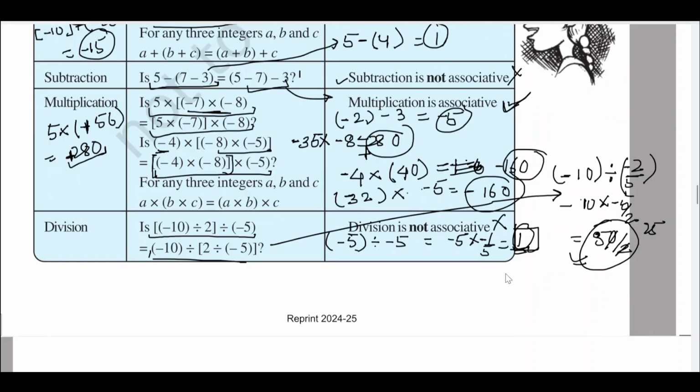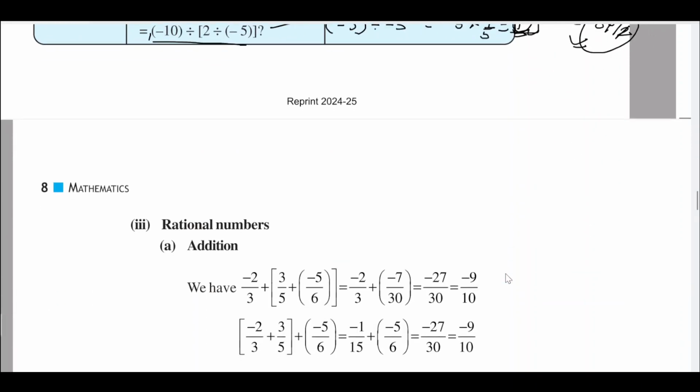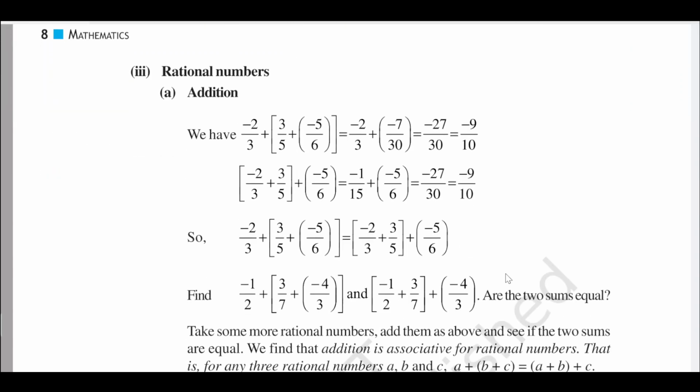Now moving next for rational numbers, we will check the property of associativity. So A, B, C: A is minus 2 by 3, B is 3 by 5, and C is minus 5 by 6. So we will solve this one.